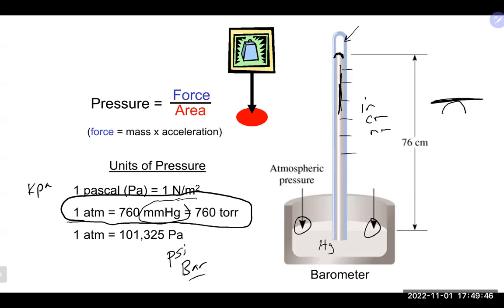It is a conversion that we use to go between the different units. So if you have atmospheres and you want either torr or millimeters of mercury, you're going to multiply by 760.